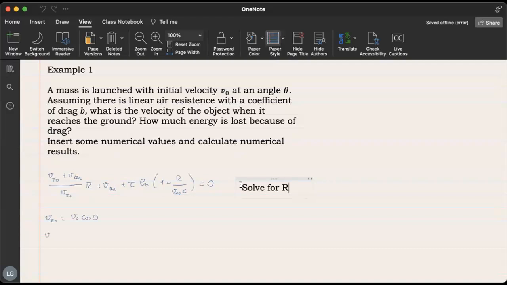And vy0 similarly is v0 times the sine of theta. We have an expression for tau. I'm going to write it next to this. Tau is m divided by the coefficient b, while v terminal is equal to m, mass, times g, acceleration, divided by b.